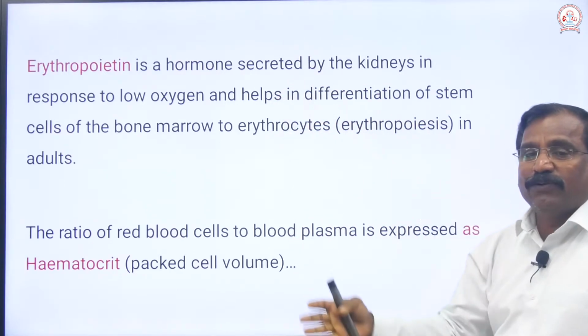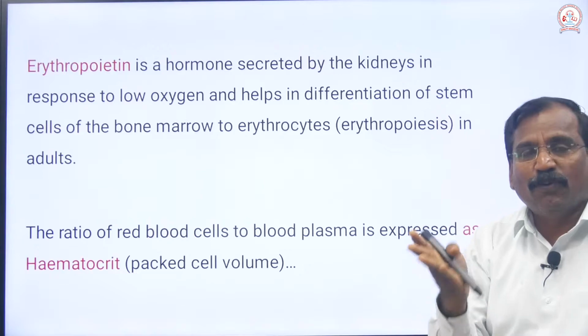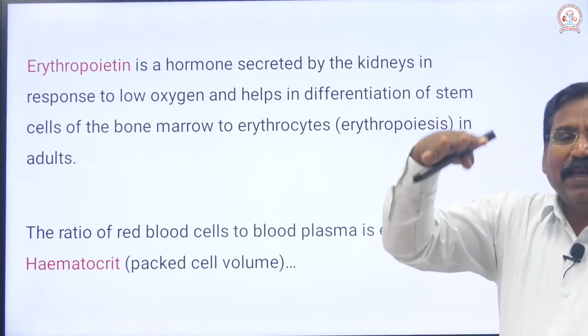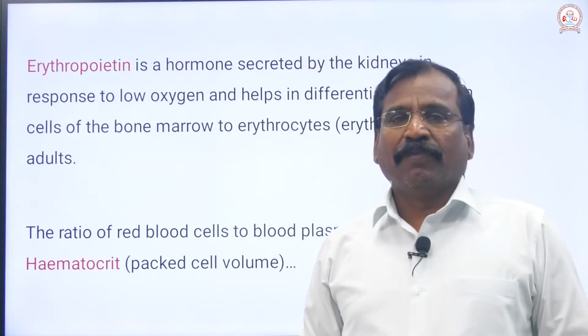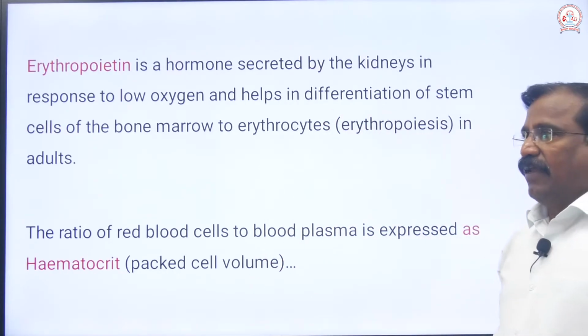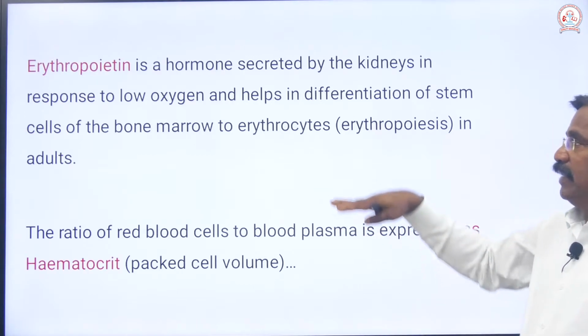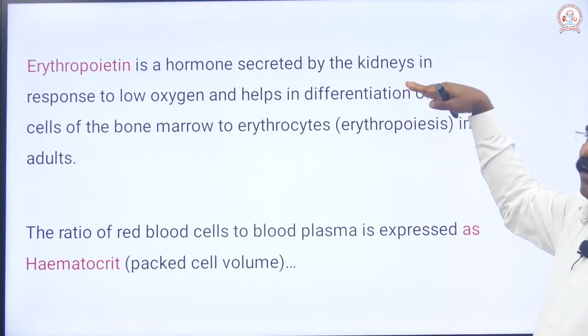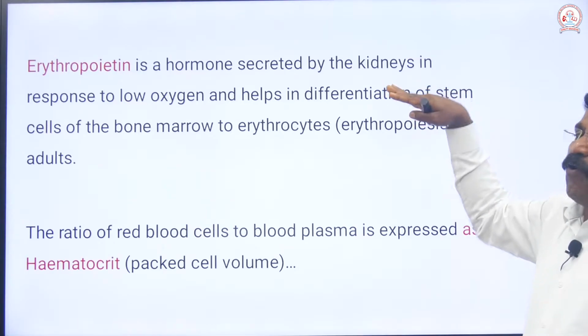That hormone induces the formation of new RBCs by the bone marrow. So the RBC count automatically increases, compensating for the lower percentage of oxygen. That is erythropoietin, a hormone secreted when oxygen is low.